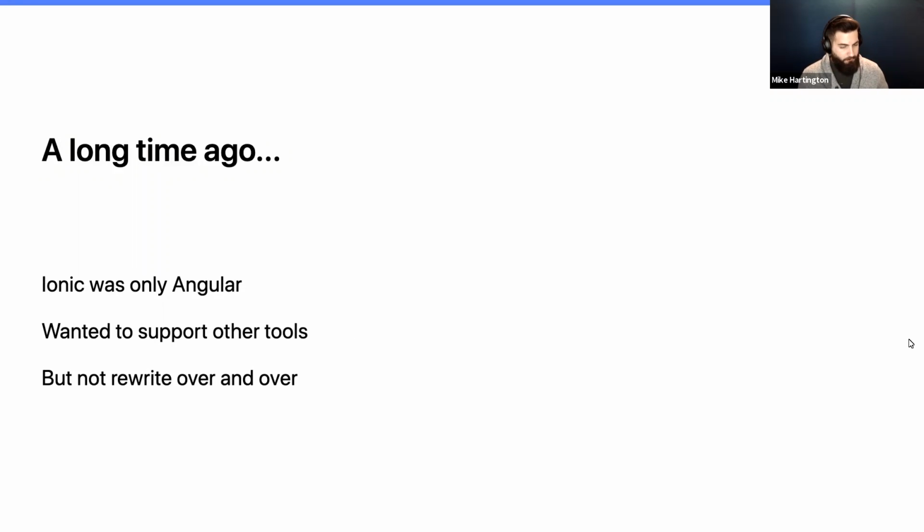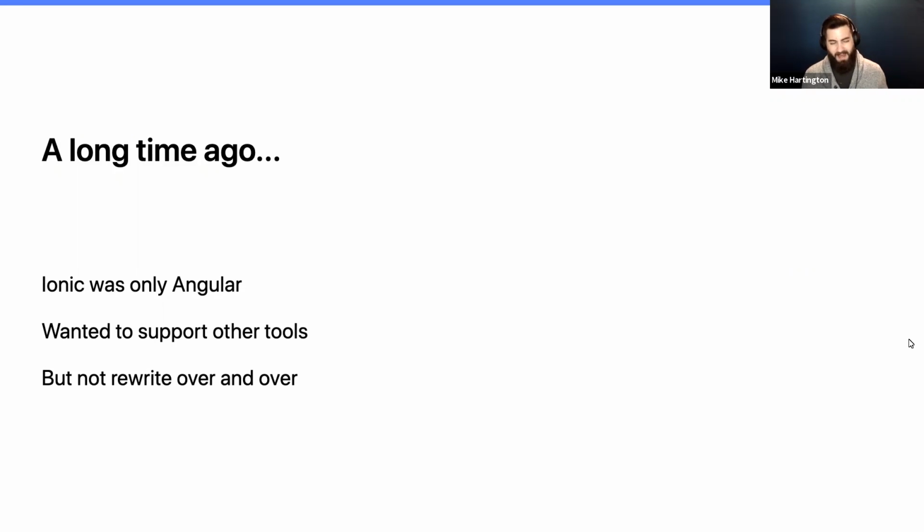Now, as we've gone through and started building out these components, we've had a lot of change in what Ionic actually is from a technology standpoint. From the very beginnings, we were very tied to Angular, first with AngularJS. Now, as we moved on, we went to Angular 2, 3, but we always wanted to have support for these other frameworks and libraries that exist out there.